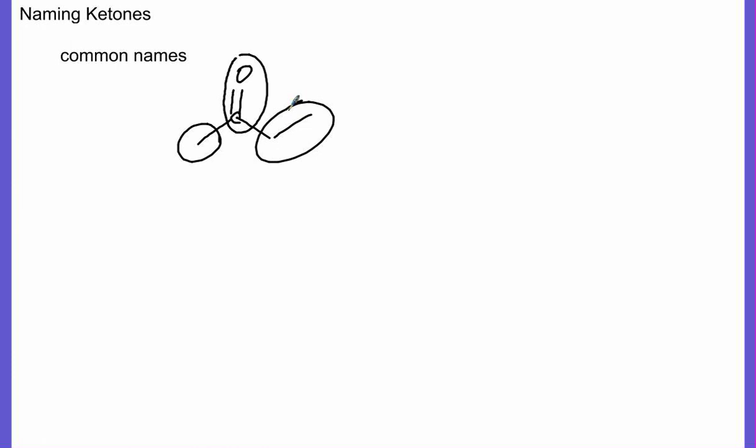This ketone is going to be called ethyl methyl ketone because there are 2 carbons branched off of the right side. There's a methyl group on the left, and then the ketone part of it is kind of like when we were naming our ethers before.